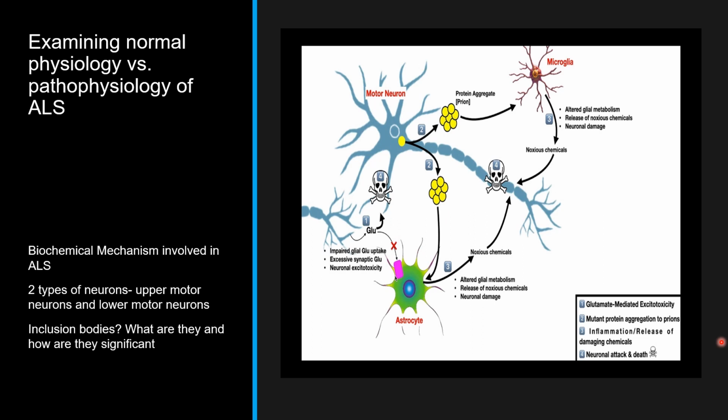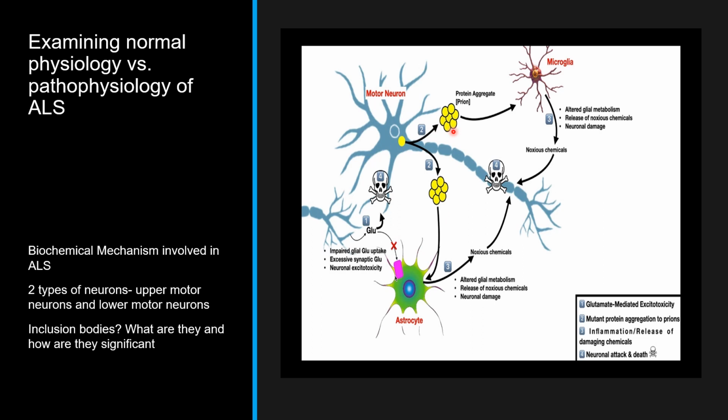When this occurs, these proteins misfold, so several misfolded proteins form, and all of these proteins stick together to form aggregates. Sometimes they're called prions, which can move from one cell to the other. Looking at this diagram, it shows the motor neuron, and then it shows these proteins.